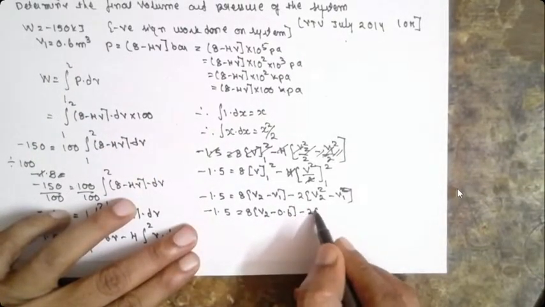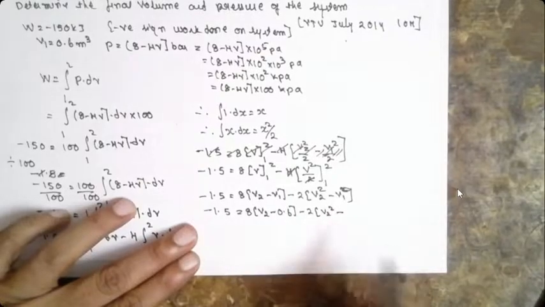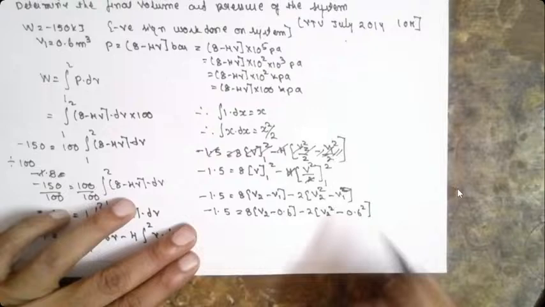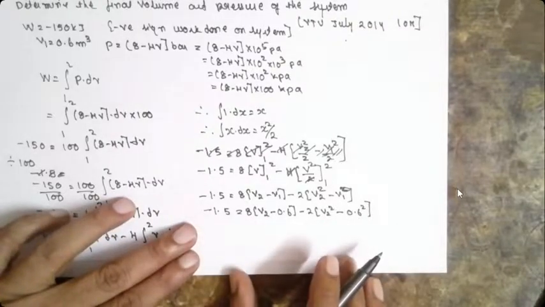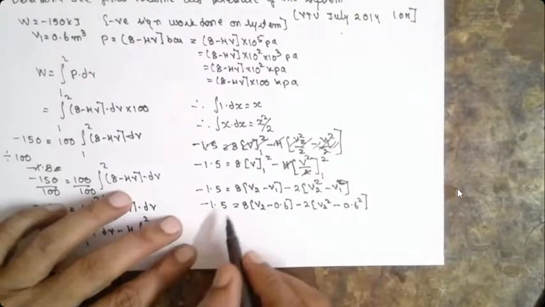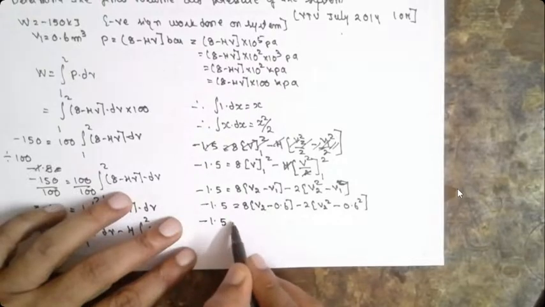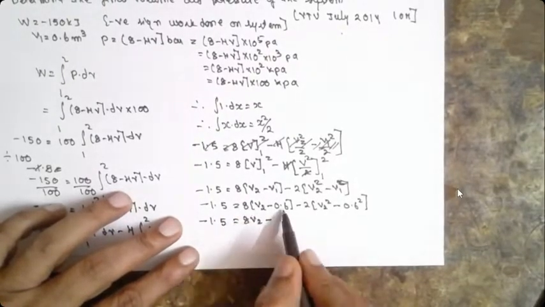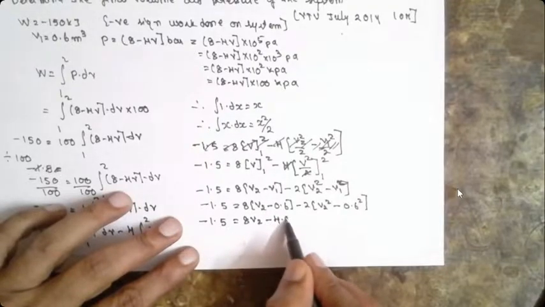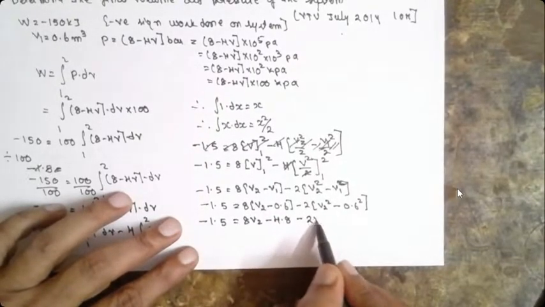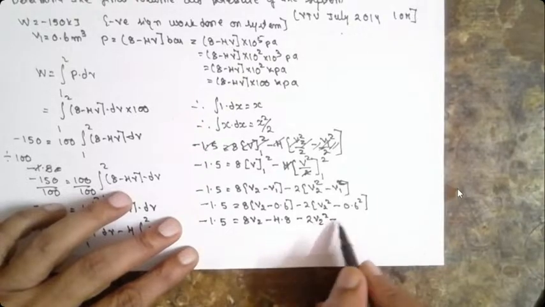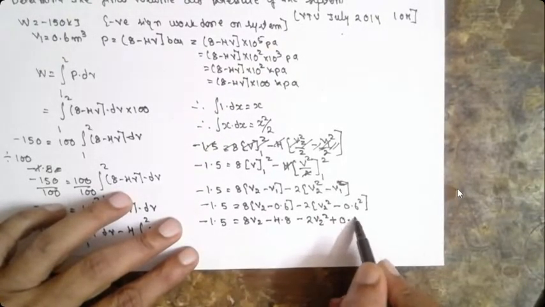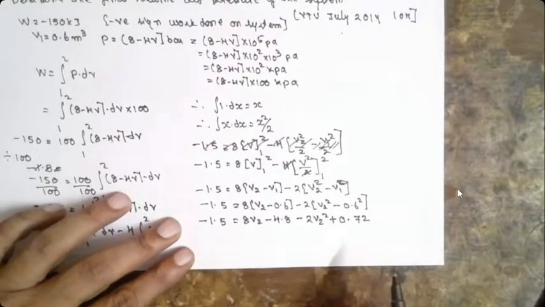So minus 1.5 equals 8 v2 minus 8 into 0.6, which is 4.8, minus 2 v2 square, and minus times minus becomes plus 0.72.